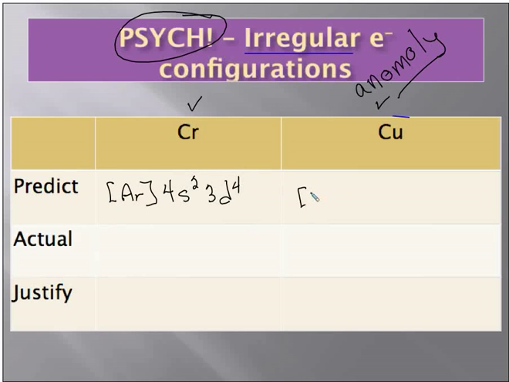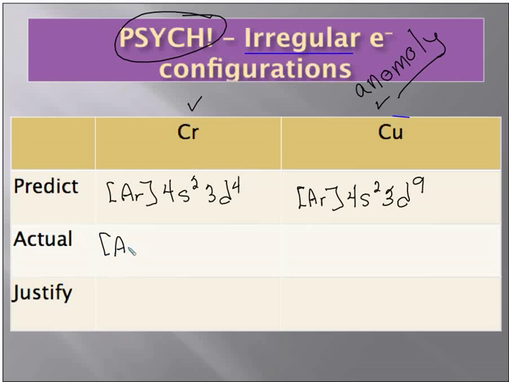Again, we would have the previous noble gas, not the nearest, the previous, keep writing copper there, previous noble gas, which is argon. I do argon, 4s2. This time, if you count into copper, you'd see 3d9.